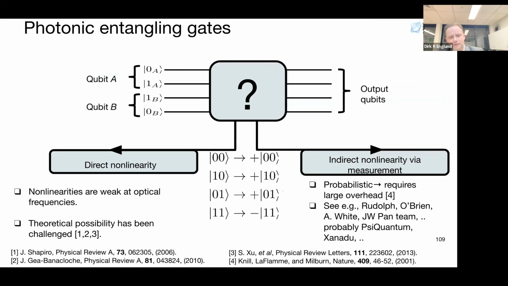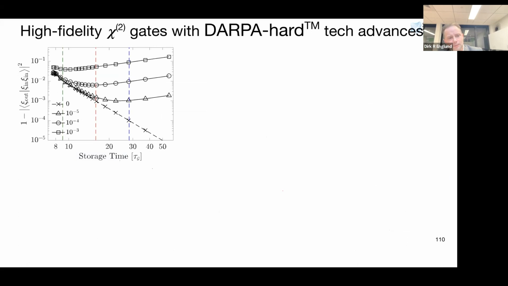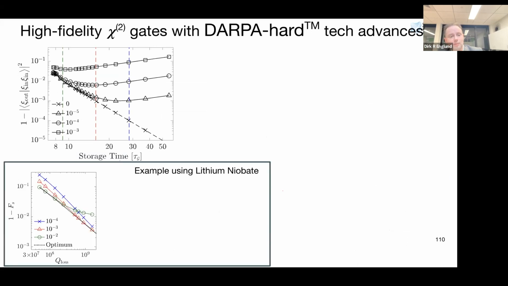One that CJ is working on: if one can optimize the coupling between 2 optical fields using a Chi2 or engineered Chi2 medium, then one might be able to make deterministic gates between photons, and that, for example, for these entangled photon pair sources would be really transformative. Okay, it would give us a huge speed up in the rate of the entanglement generation over a quantum network.